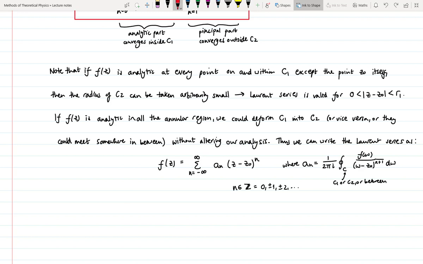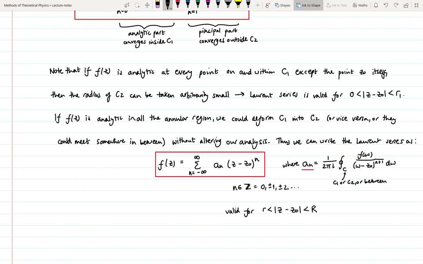This here is another way of writing our Laurent series, where the coefficients an, and this is valid for z minus z0 lying between the small r, which is the smallest radius of analyticity, and big R, which is the largest radius of analyticity.